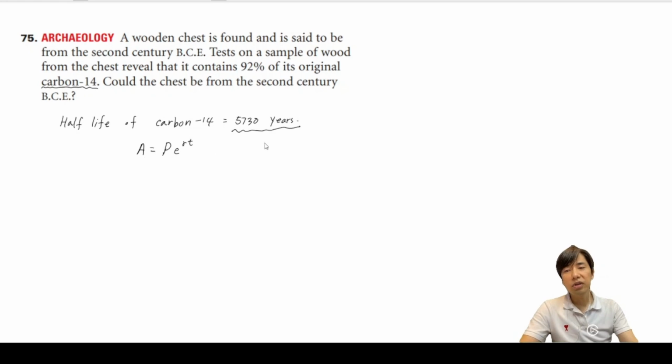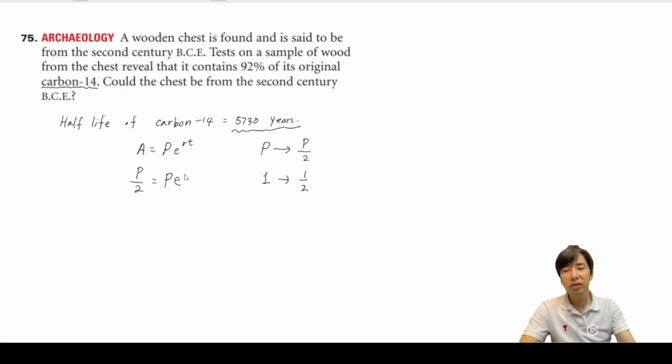Let's say the initial amount is P. Half-life means that exactly half of this initial amount remains in 5,730 years. So the final amount would be P over 2. So you plug in P over 2 into this A, and the initial is P, or you can just say this is 1 and this decreases to 1/2. Then it gets simpler.